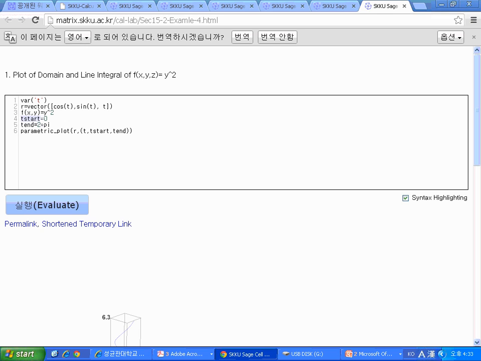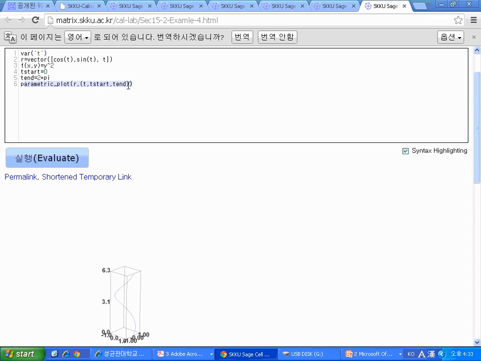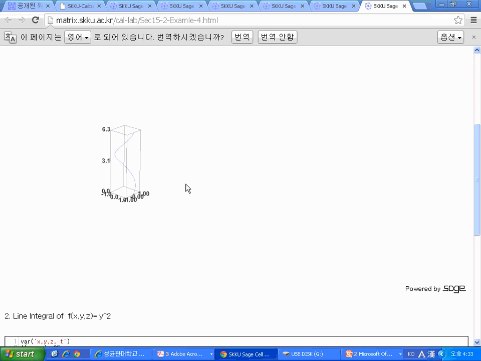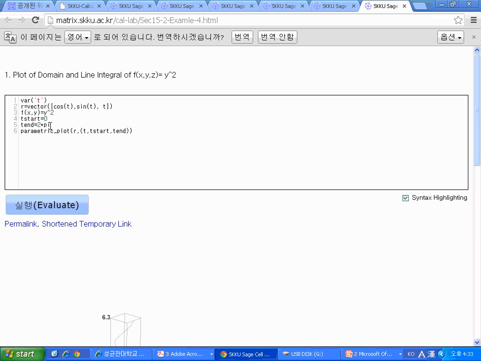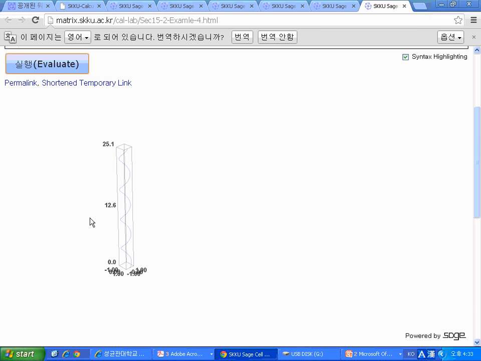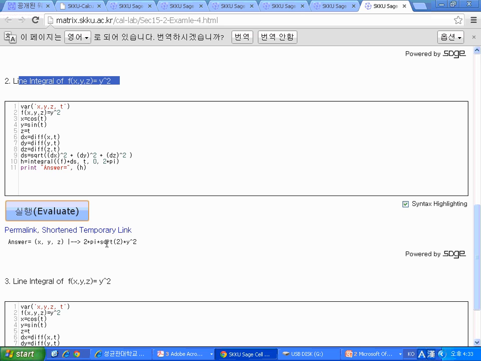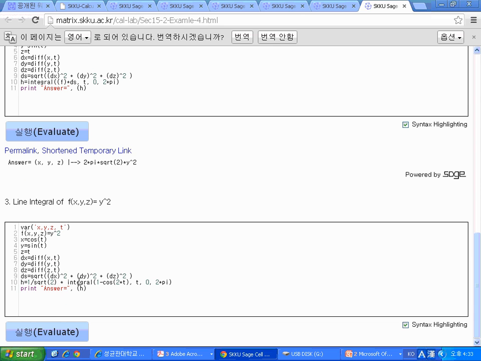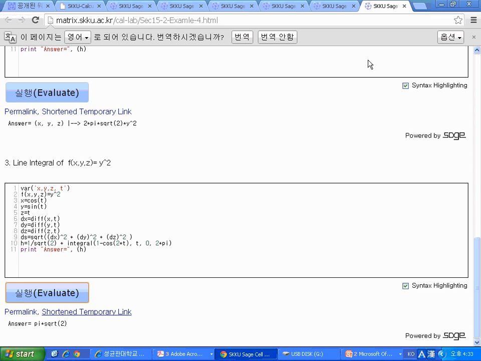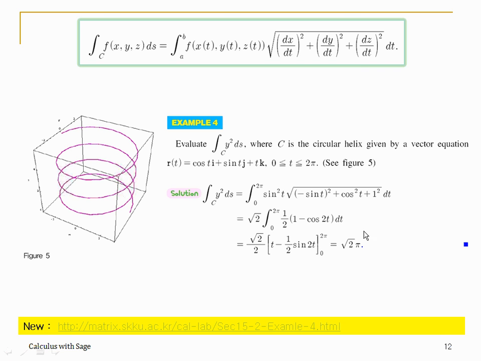I integrate from 0 to 2 pi y squared with the parametric form of those r functions, from the t start point to the t end point, which is 0 and 2 pi. If we plot this, we will have the helix like this, as a curve. Now do the line integral the same way, and we have the integral giving 2 pi square root, etc., which is pi times square root of 2, what we were looking for.